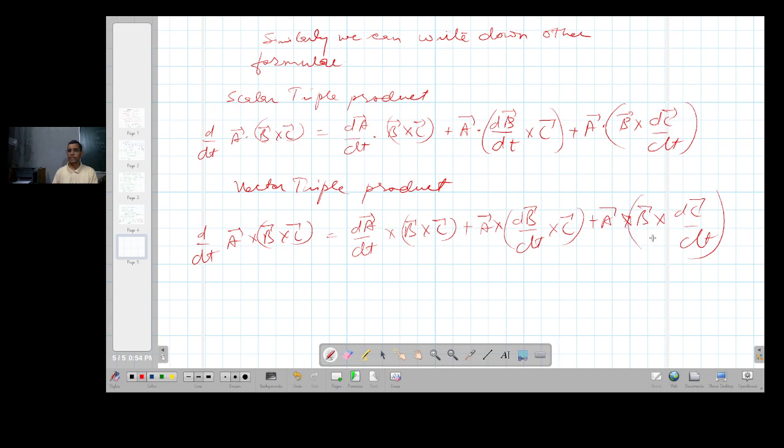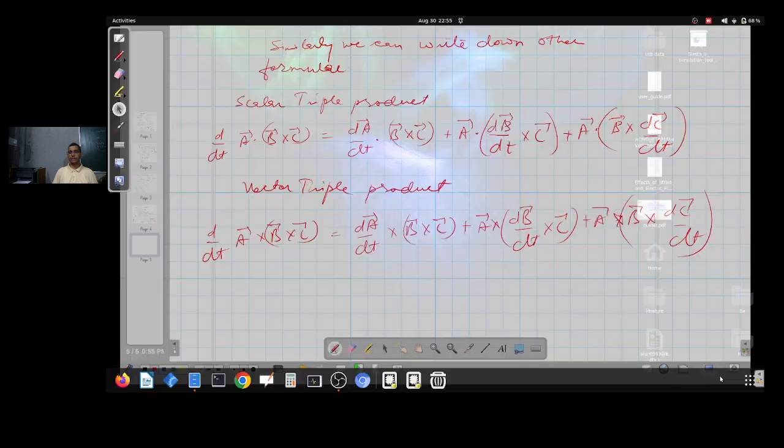So these are some very important formulas which we have to keep in mind. In this lecture I gave a brief review of how to find the derivative of some vector quantities with respect to a scalar, and that is time here. So that's all for this lecture.